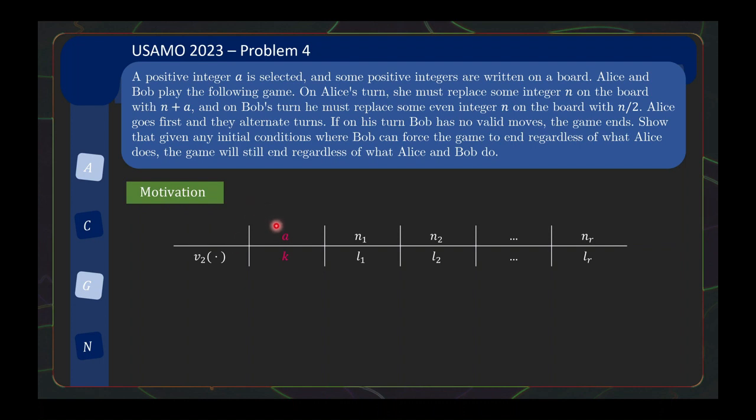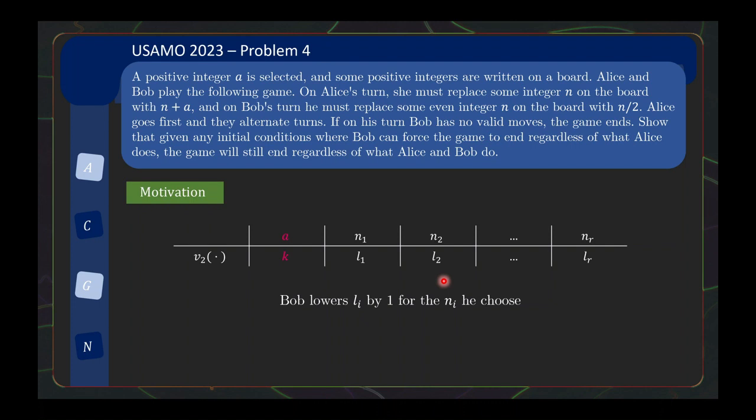So let's say the highest power of 2 that can divide a is 2 to the power of k. And for the numbers on the board n1 to nr, let the highest power of 2 that can divide them be l1 to lr respectively. So what Bob's move does is it will lower li by 1 for the ni that he chose, because he replaced that number with n over 2, so it loses a power of 2 that can divide the original number n.